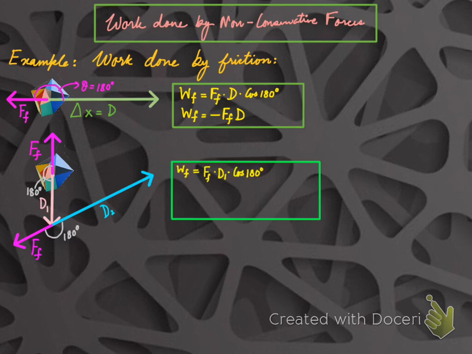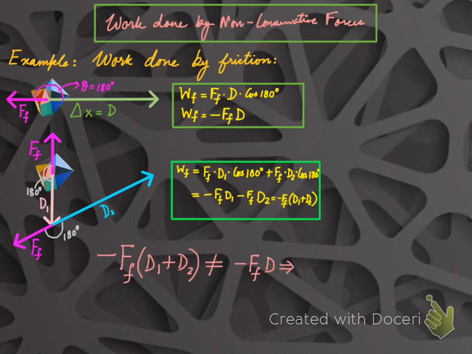The work done by friction equals the force of friction times D1 times cosine 180 degrees plus FF, the force of friction, times D2 times cosine 180 degrees. So we get negative the force of friction times D1 minus the force of friction times D2, or negative the force of friction times (D1 plus D2).